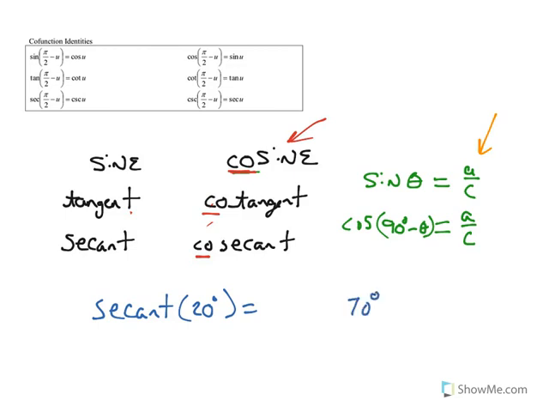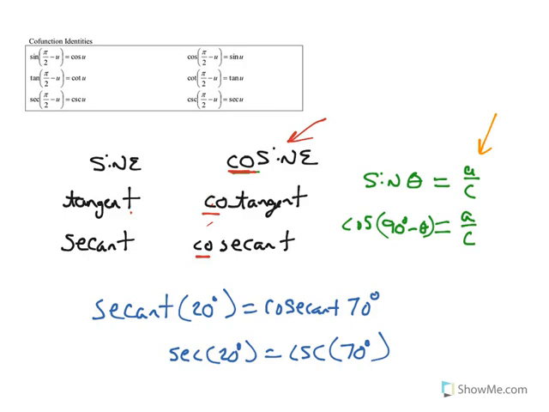Then we're not going to use secant, we're going to use its complement, cosecant. And then obviously you can use the abbreviations. So the abbreviation for secant is SEC, and then cosecant, and those would be identical to each other. So those are your cofunctions.